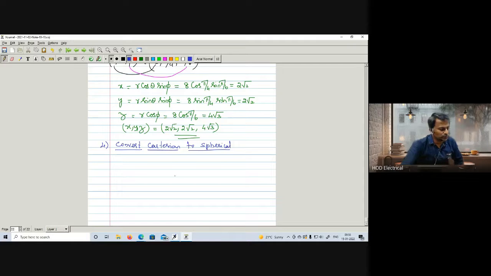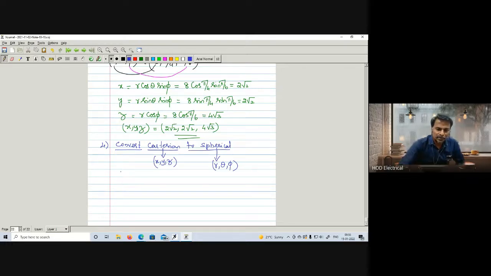That means Cartesian coordinates x, y, z to spherical coordinates r, theta, phi.